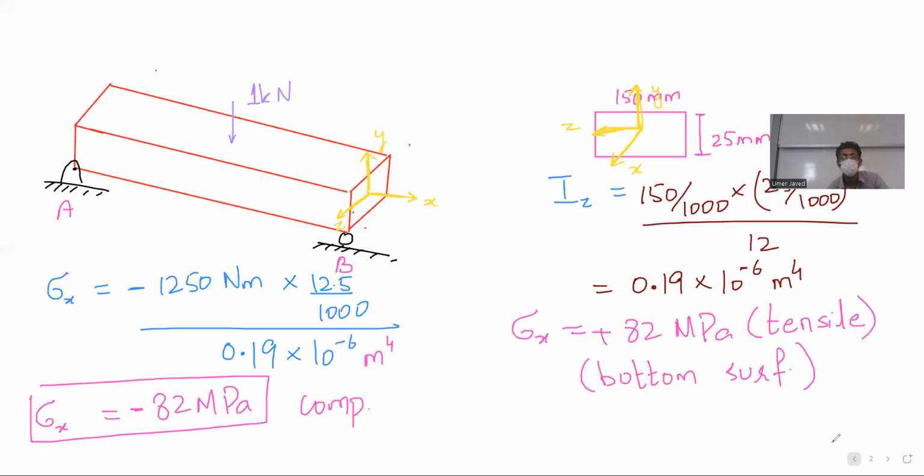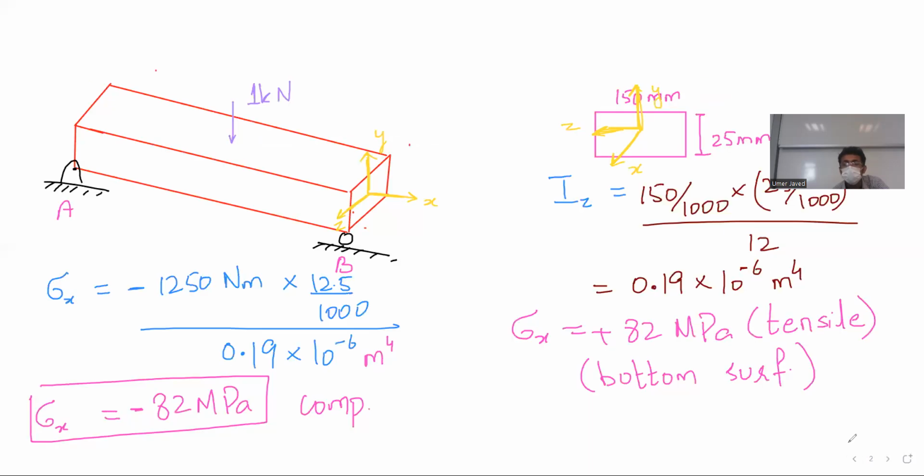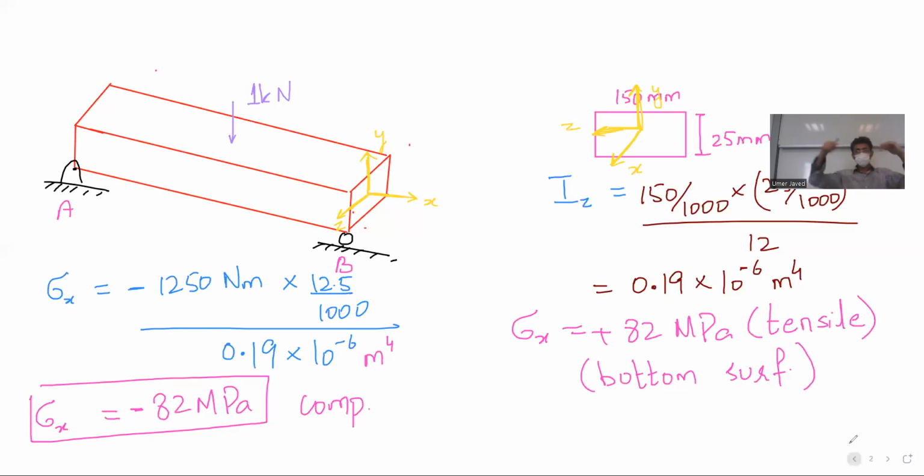Okay, I'm talking about part 2. So for part 2 that we just did, 82 megapascals. Hang on with me, please. So this one is compressive, the top surface. So I will actually draw a very beautiful line here.